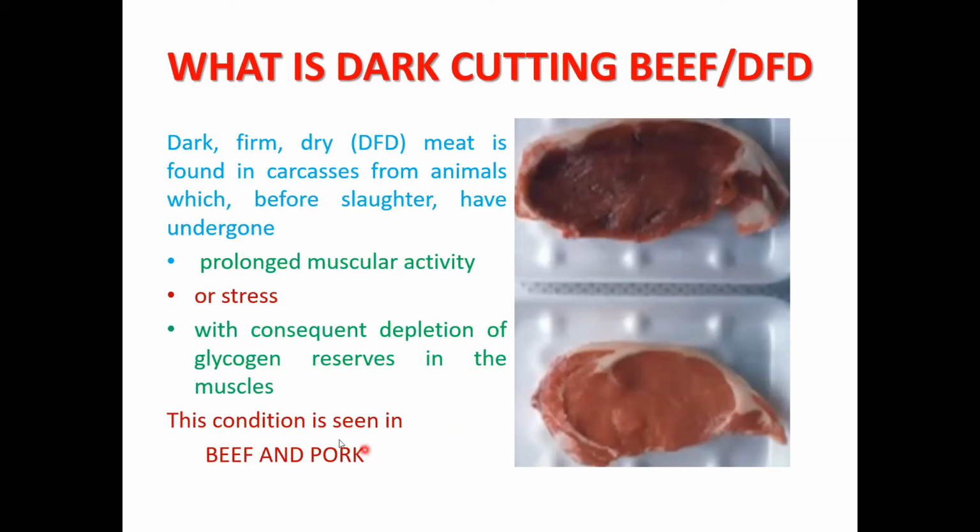This is mainly seen in beef and pork, where the glycogen resource is depleted to a great extent before slaughter. When the glycogen resource is not sufficient, the ultimate pH formed in the muscle will be high, leading to a condition called dark, firm, and dry. Here you can see the attractive color of normal meat, and here the unattractive color of the DFT meat.